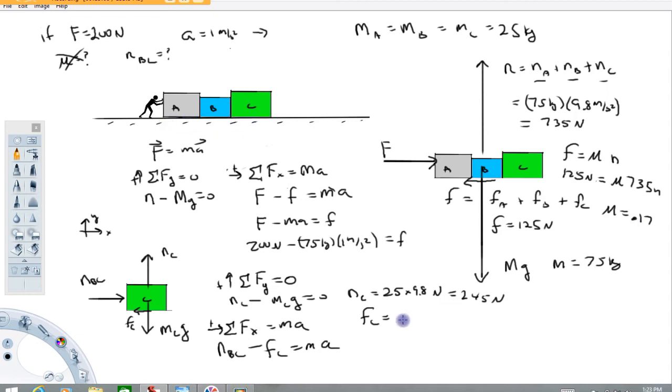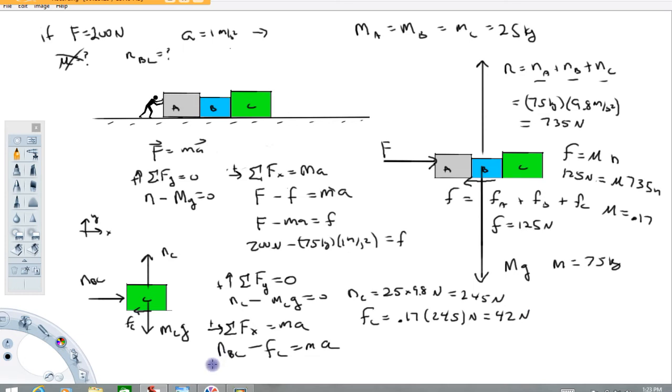We calculated a value, 0.17, so the frictional force should be 0.17 times 245. 245 is the normal force along the surface. I get 41.7 newtons. I'm just going to round that to 42 newtons for this example.